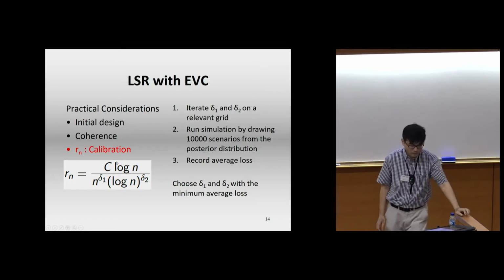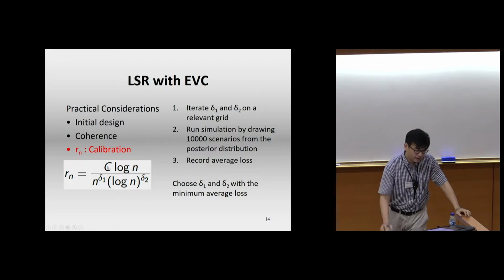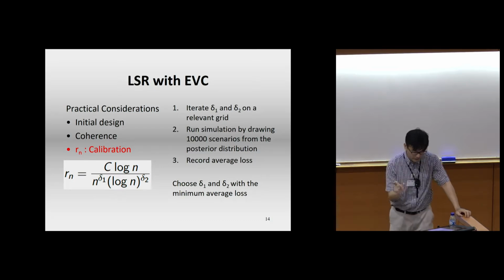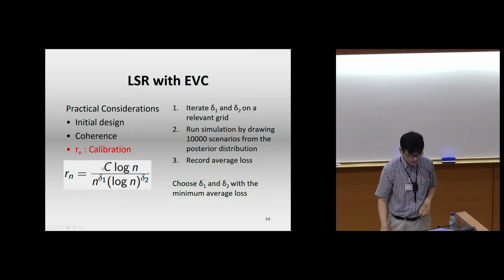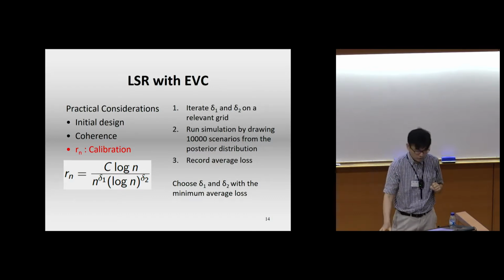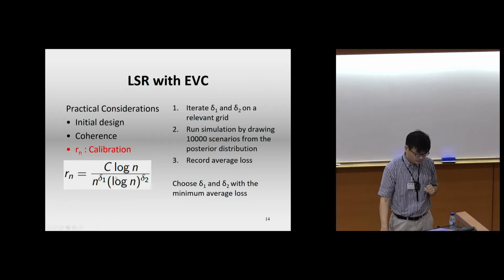And C here is the eigenvalue ratio based on the initial design. So that would be set as the initial starting point. And to give you a perspective, if it were a completely randomized study, under which the consistency condition will hold, that will correspond to a value of delta 1 equal to 1 and delta 2 equal to 1.